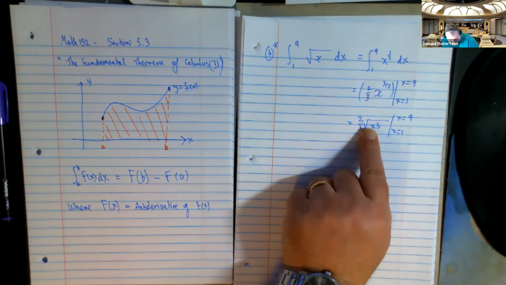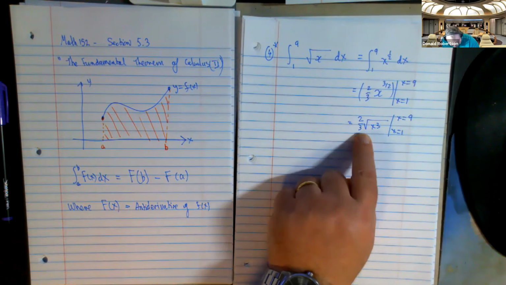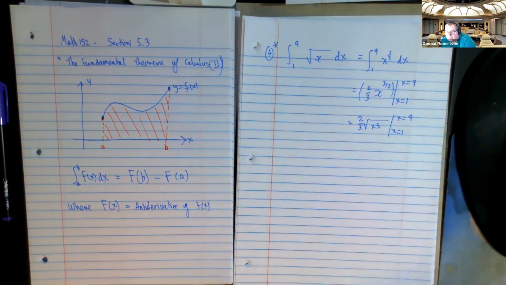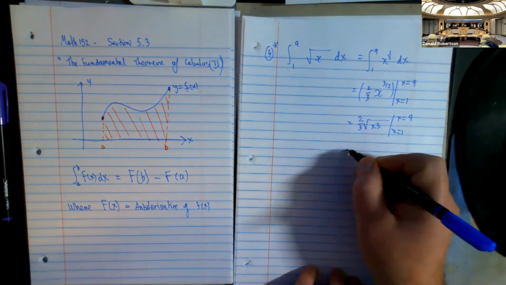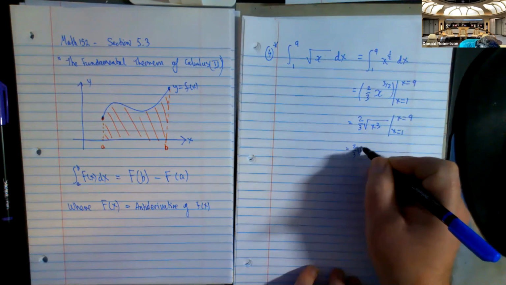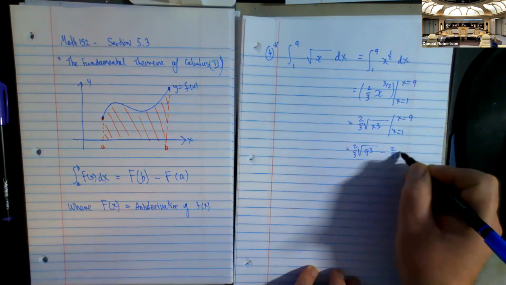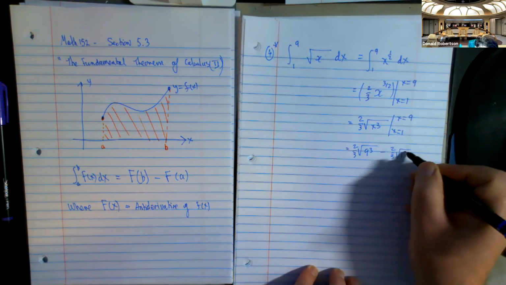This guy is easier to get an exact value from. If you start plugging 9 in here, aren't you going to have 2/3 9 to the 3/2? And you know that's not considered a good style points answer. Right? So returning back into square roots, it's 2/3 the square root of 9 cubed, take away 2/3 the square root of 1 cubed, which is basically 1.